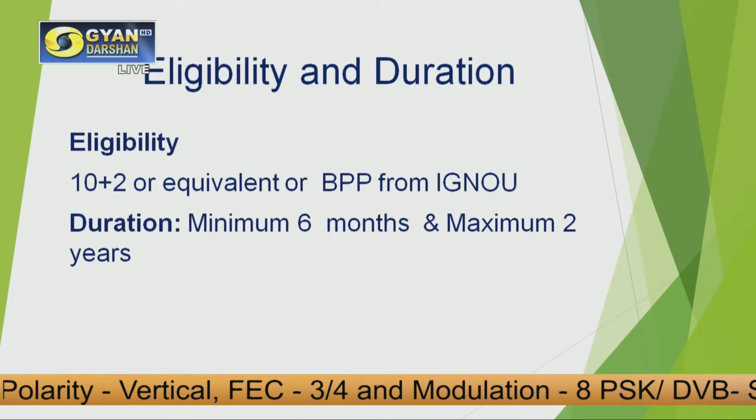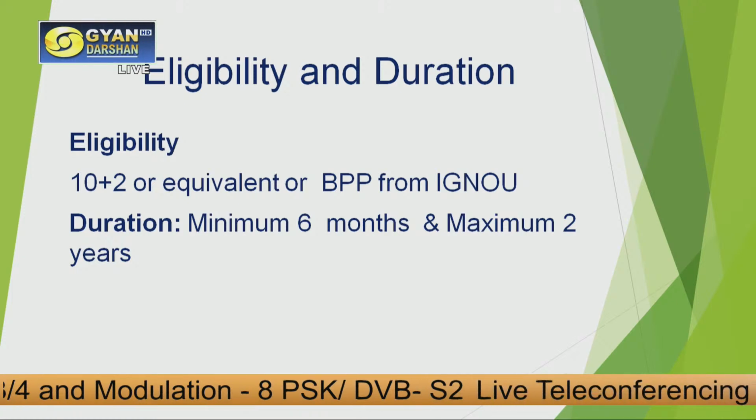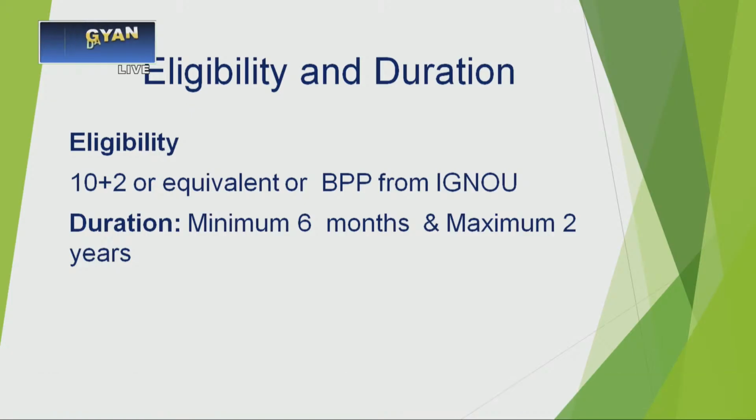Now, eligibility is 10+2. Anybody who has completed 10+2 can enroll for this program, and the duration of the program is 6 months minimum, and maximum period is 2 years.